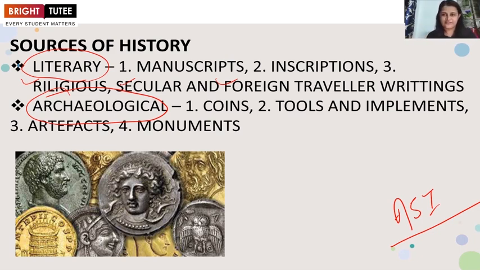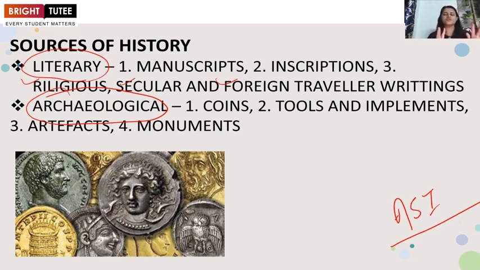Then we have foreign travelers' writing. Now, what are these foreign travelers' writings? Earlier in the ancient time also, when human beings had started settling, during that time, people from different continents started exploring the new areas. So during that time, Europeans didn't come to India, but people from the Asian continent started exploring new places. So during the time period of ancient India, there were people from China, and even in Europe.